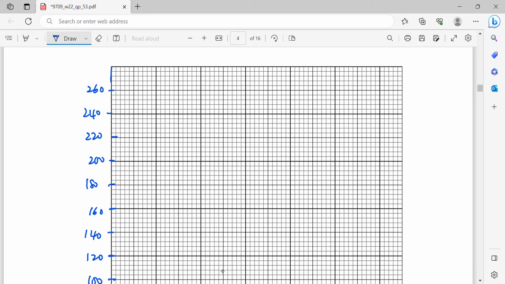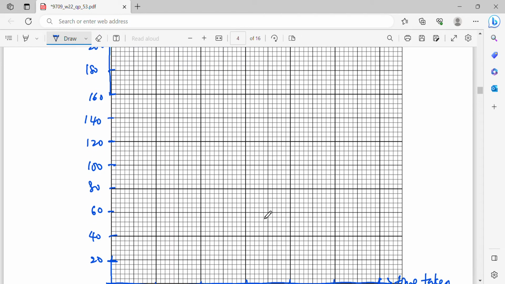That means this is my cumulative frequency. You use the ruler to draw the vertical axis.